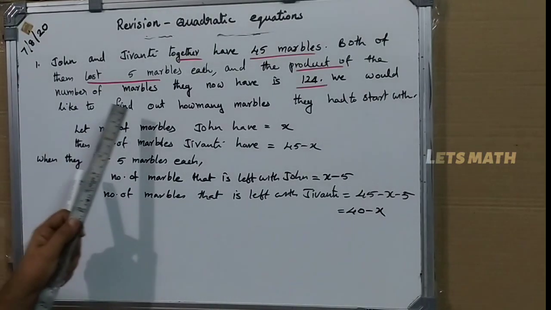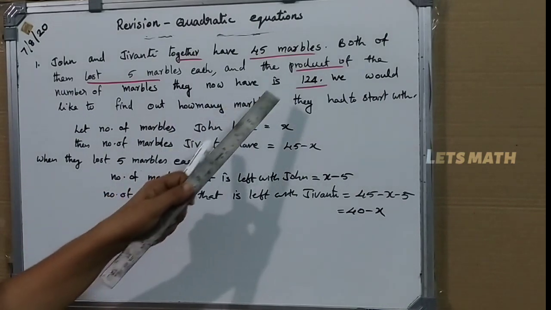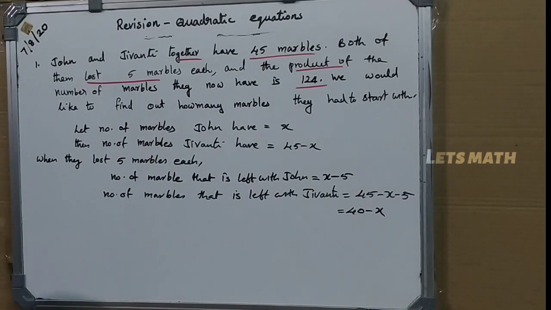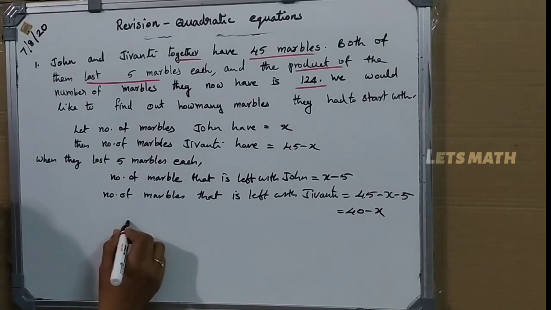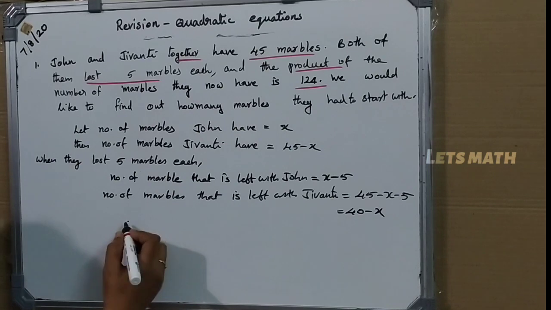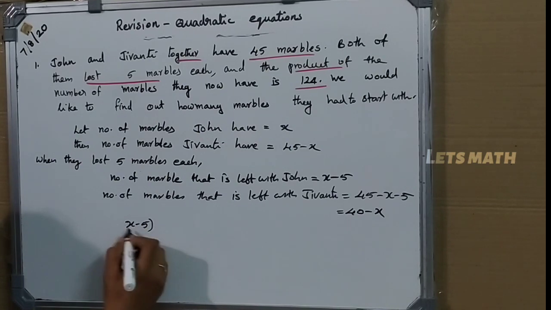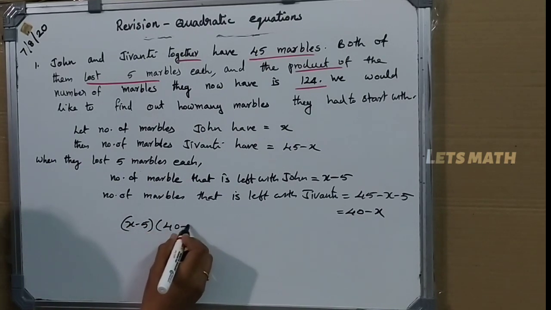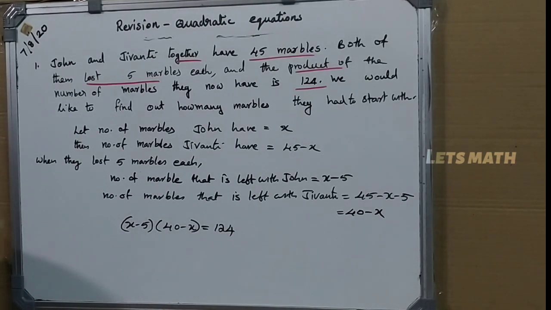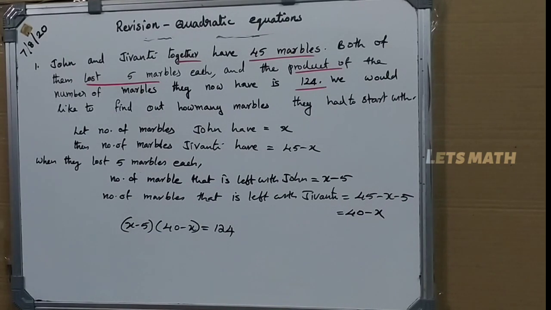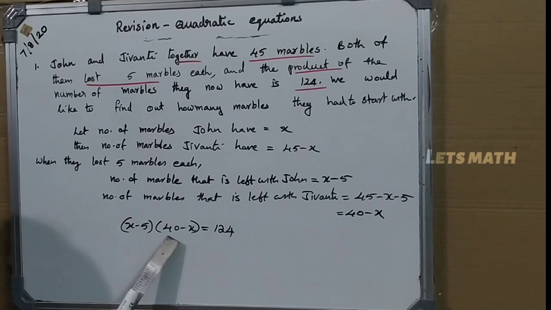Then according to the condition, the product of the marbles they have now is 124. That is, x minus 5 into 40 minus x equals 124.